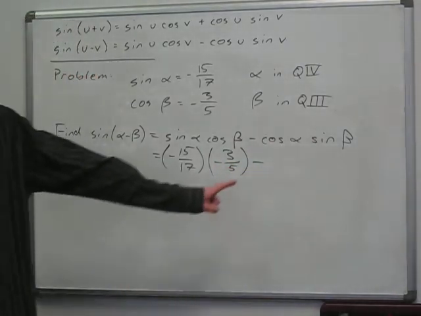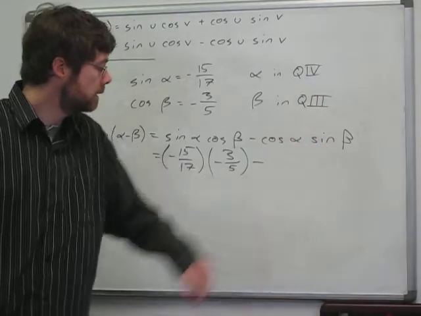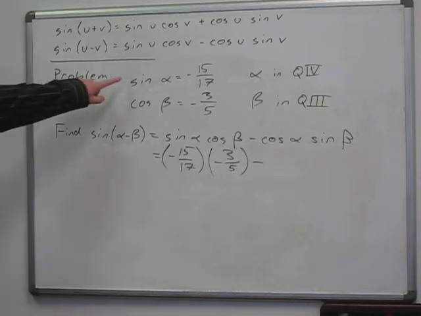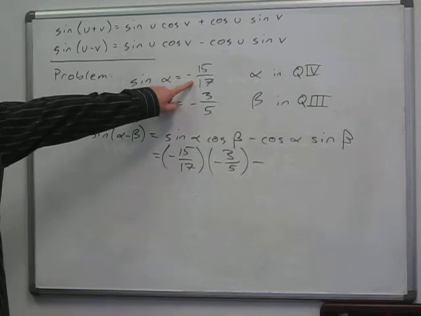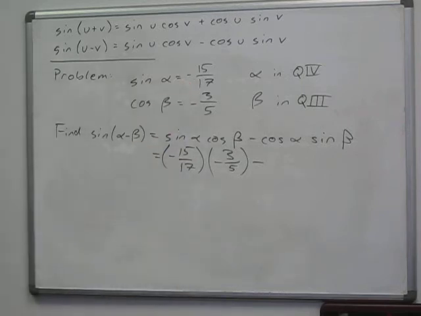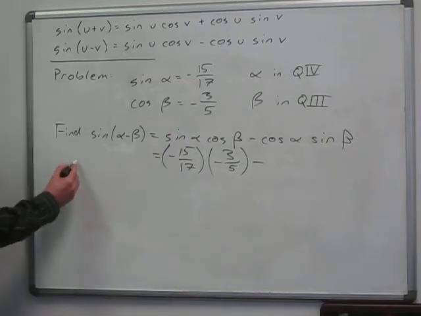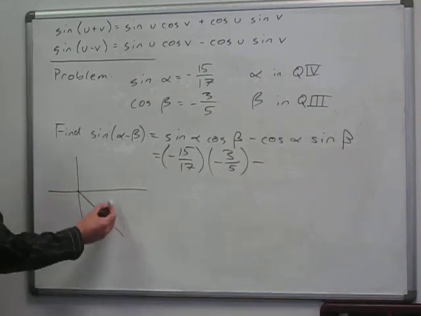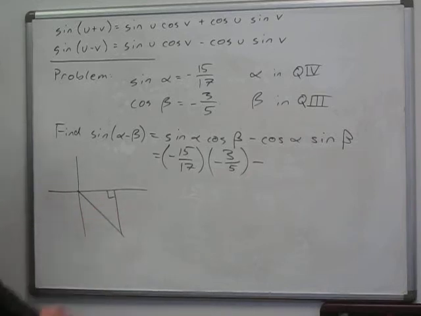All that remains is to evaluate cosine alpha and sine beta. Well, to find cosine of alpha, I can look at my information above with the sine of alpha being negative 15 over 17 and alpha in quadrant 4 to put up a reference triangle and figure out the cosine. So I'm in quadrant 4, so I'll use a reference triangle down there.